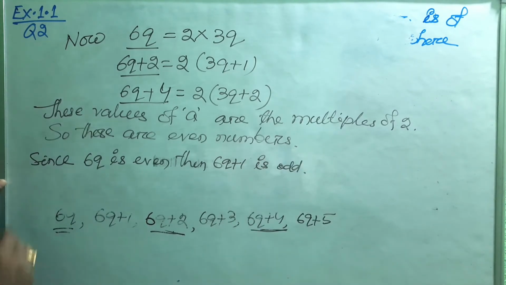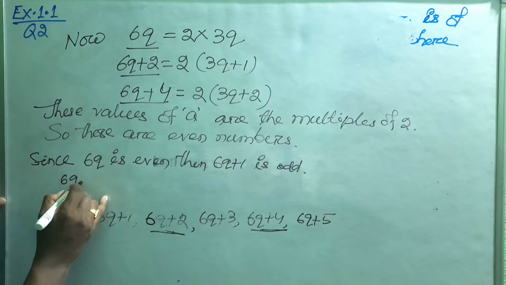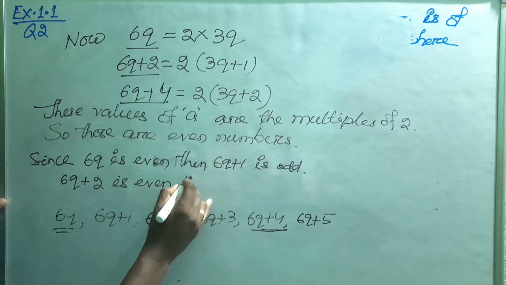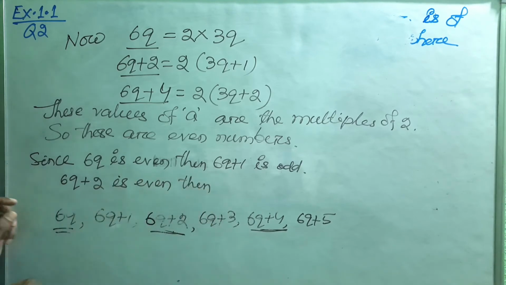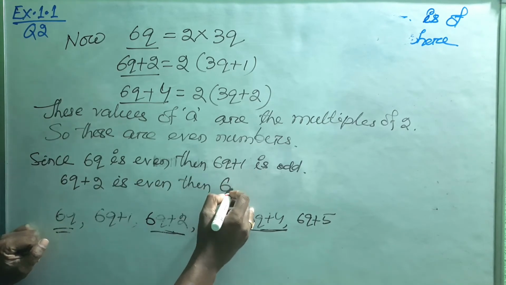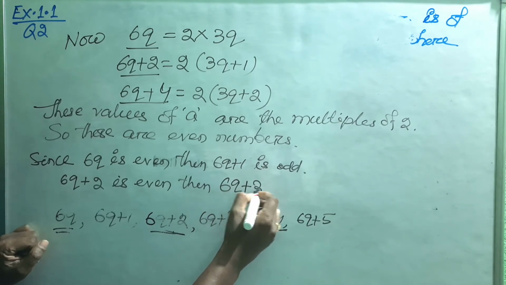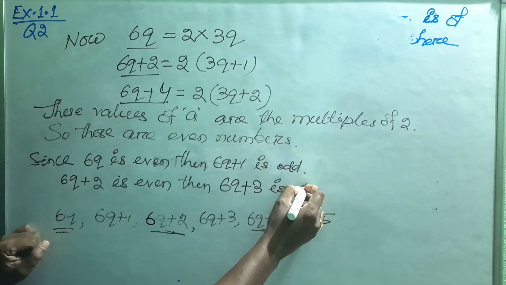Then 6q plus 2 is even, then 6q plus 2 plus 1, that means 6q plus 3, is odd.